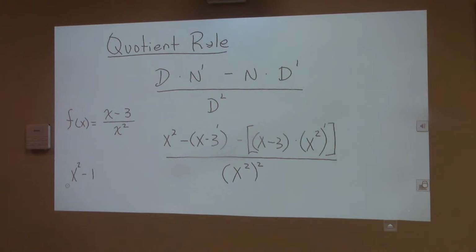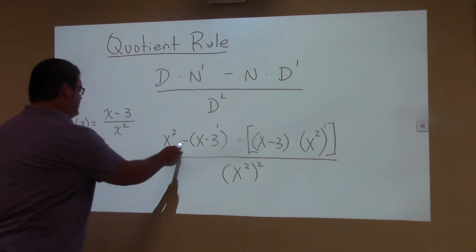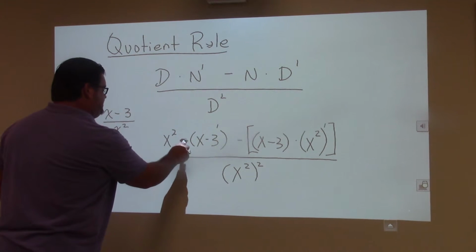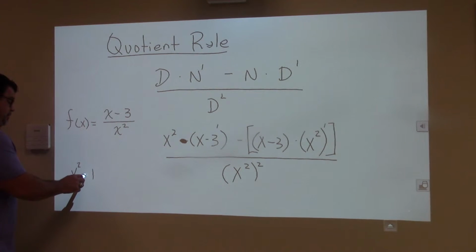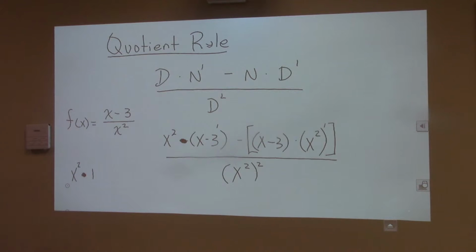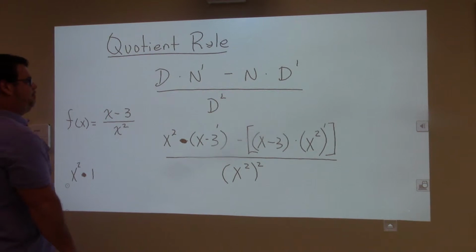Where, instead of the minus? You have x squared, I mean, denominator times numerator, not denominator minus. Okay. Oh, sorry. Thank you. I just now saw that. Thank you. So that would be x squared times 1. Okay.